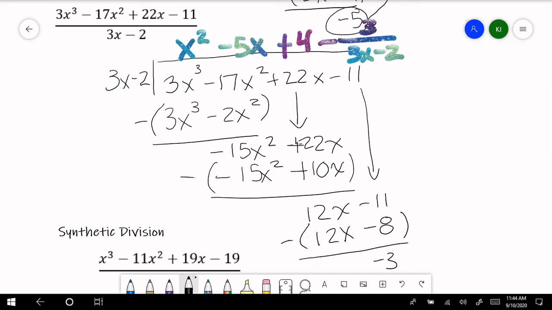How'd you get the negative sign, like the 3x?